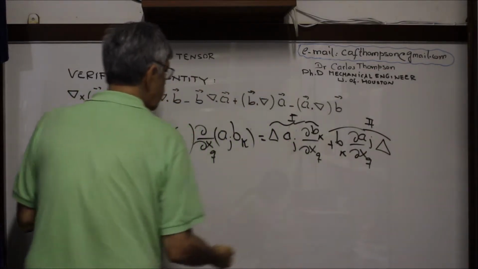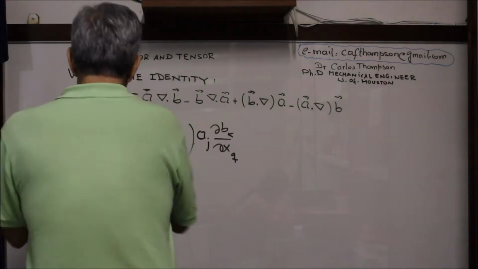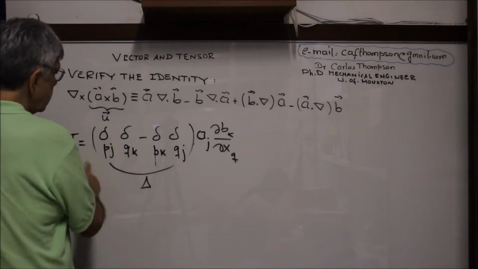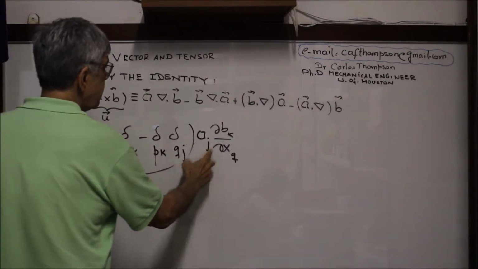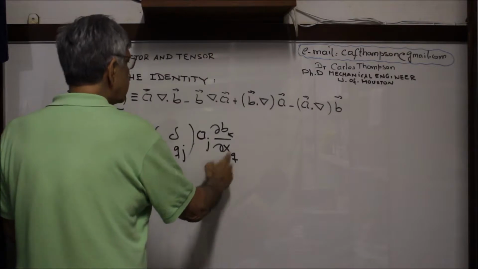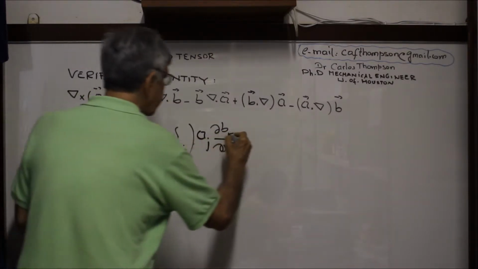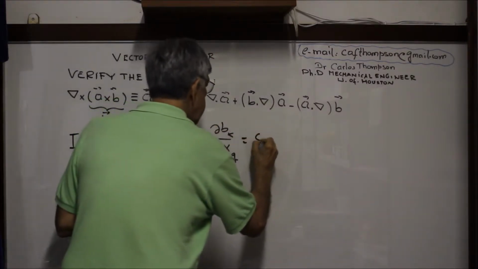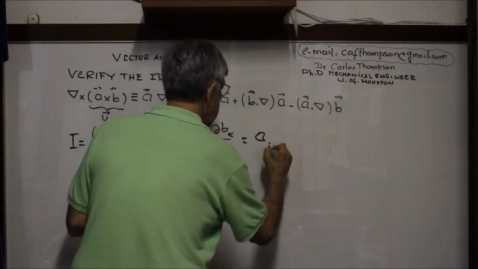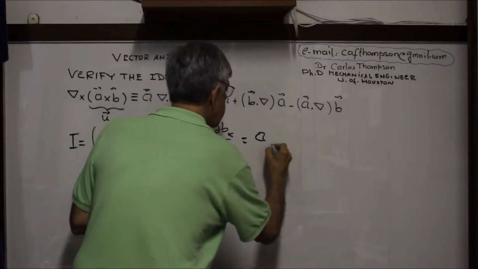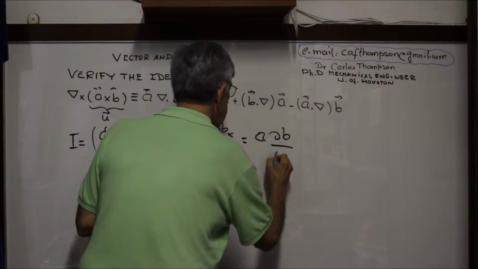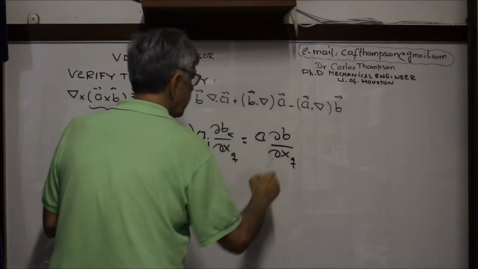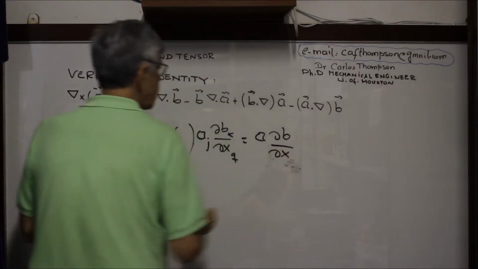Let's develop 1 over here. See? Let's develop the term 1. Delta times a j partial derivative of b k with respect to x k. Now, I'll write here a j. Let's take the j here. Let's put partial of b with respect to x q. Let's take this q out here.